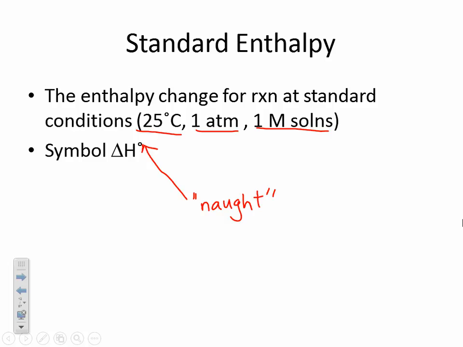And it's simply a signifier that when you see it, that enthalpy was determined under these standard conditions, 25 degrees Celsius, 1 atmosphere pressure. You will treat that delta H value exactly the same way as you've been treating delta H values thus far. So nothing changes in terms of what it really means or how you use it or what math you do. It simply means that we had a certain temperature and a certain pressure and certain molarities when that value was determined.